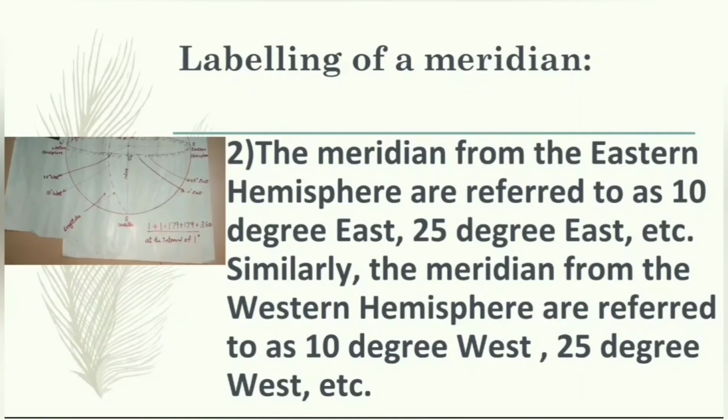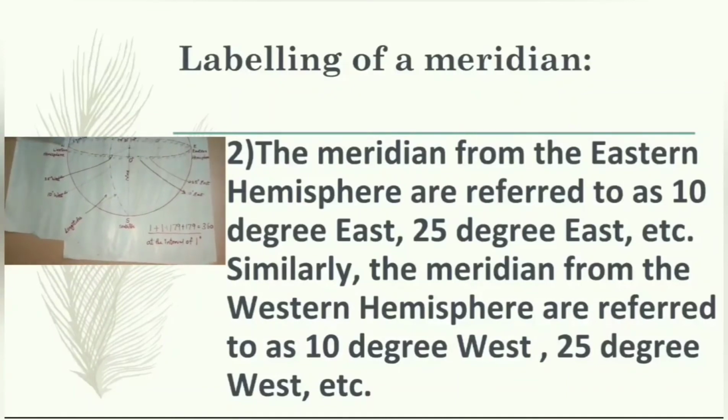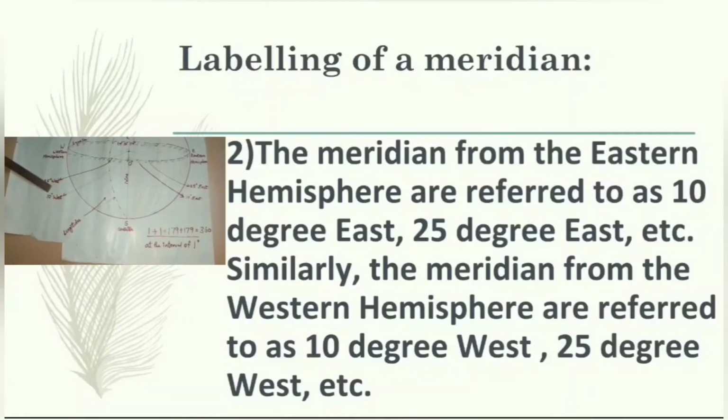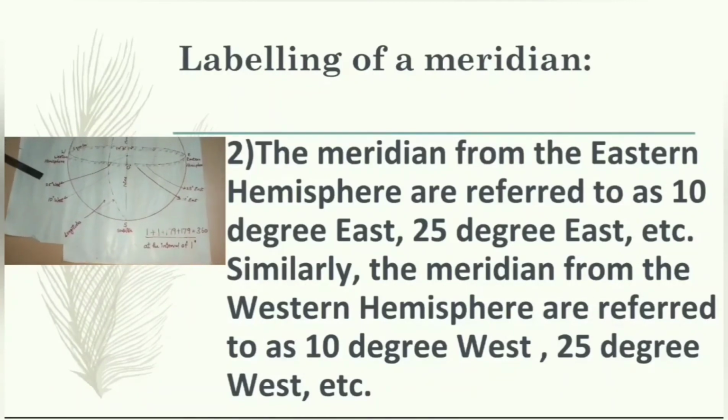Similarly, the meridians from the western hemisphere are referred to as 10 degree west, since it's towards the west. It will be referred to as 10 degree west or 25 degree west. In this way we are going to label the meridians.